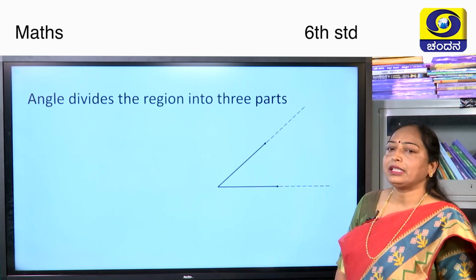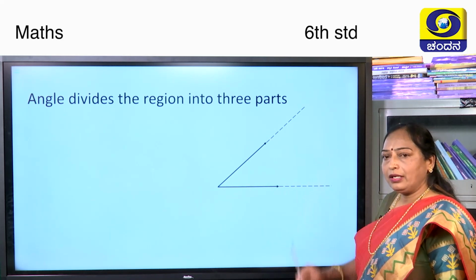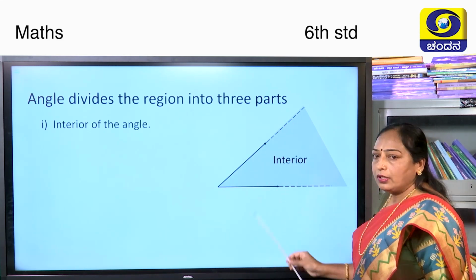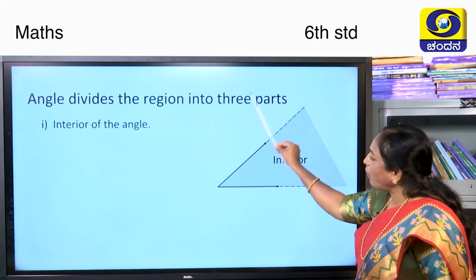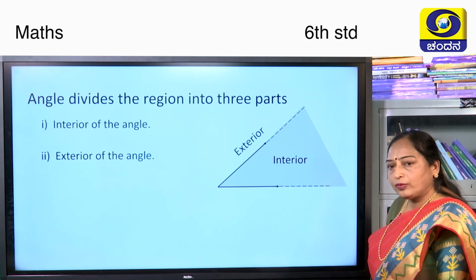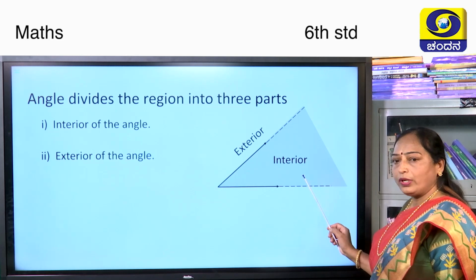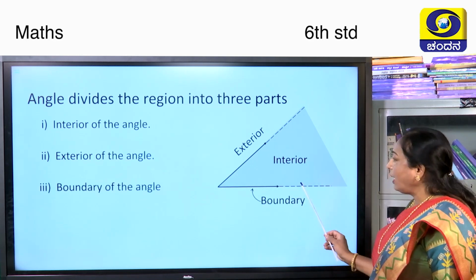An angle divides the region into three parts. Let's take one angle. The inside is the interior of the angle, the outside of the angle is called the exterior of the angle. Next, the outline is called the boundary of the angle.